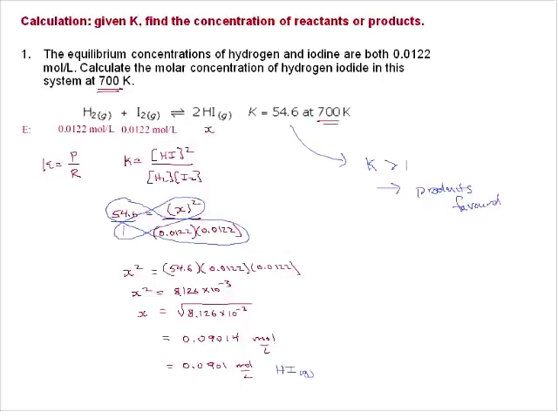And is that the case? Well, look at the values. The reactants are 0.01. The product concentration ends up being 9 times bigger, 0.09. Does that make sense? Well, that's what we predicted. We said K is greater than 1, so the products are favored. We should get more product. We did. We got 9 times the amount of product.